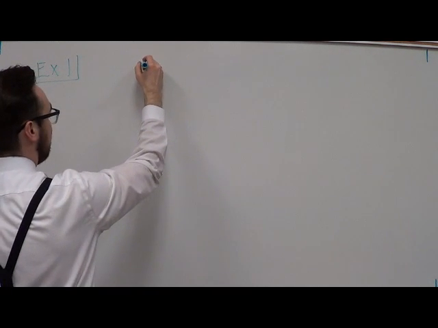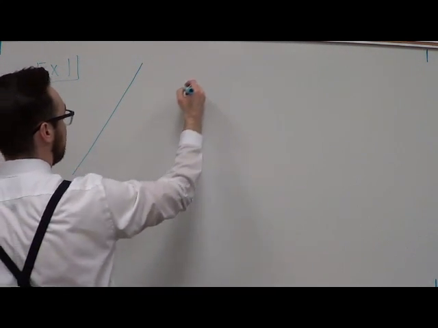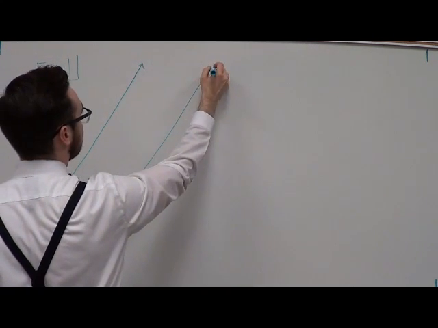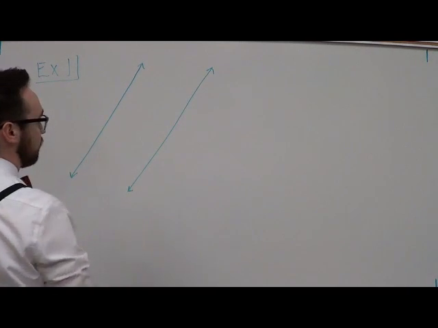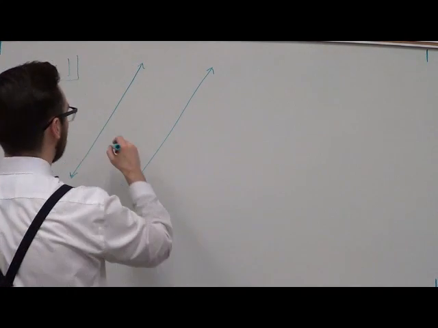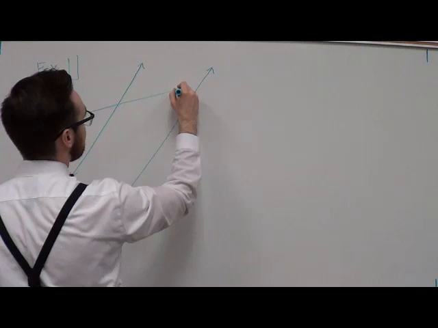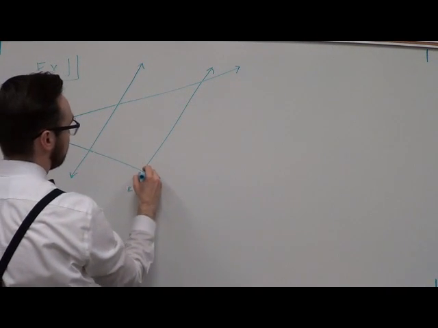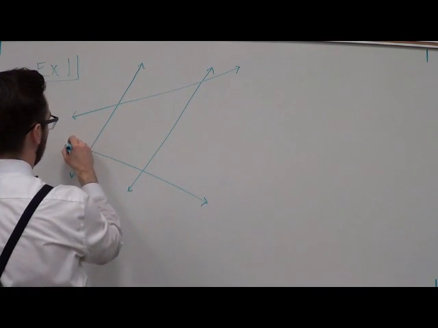So we have parallel lines this way. And then we have actually 2 transversals. So one going this direction and one going this direction.